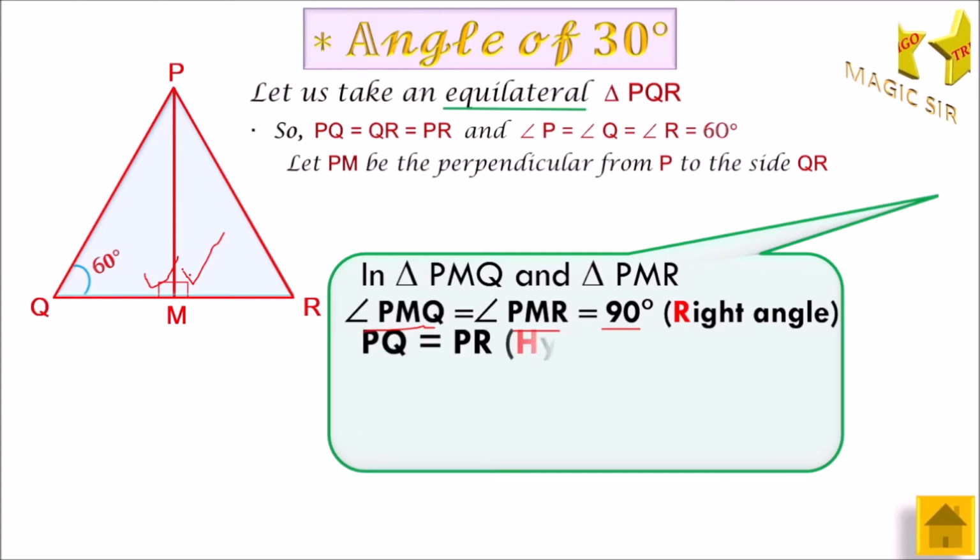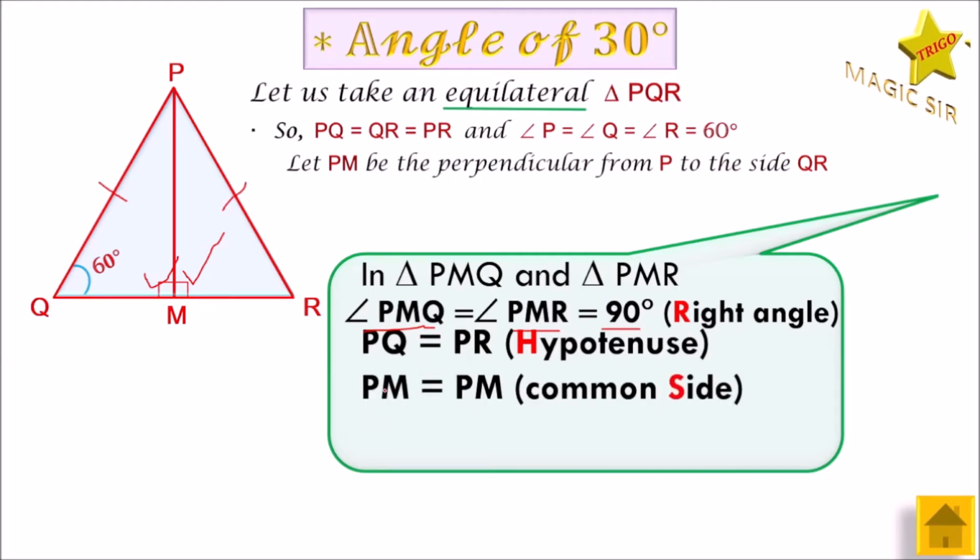Now PQ equal to QR equal to PR, so we take PQ equal to PR, sides of the equilateral triangle. PM is equal to PM, it is the common side for both triangles.